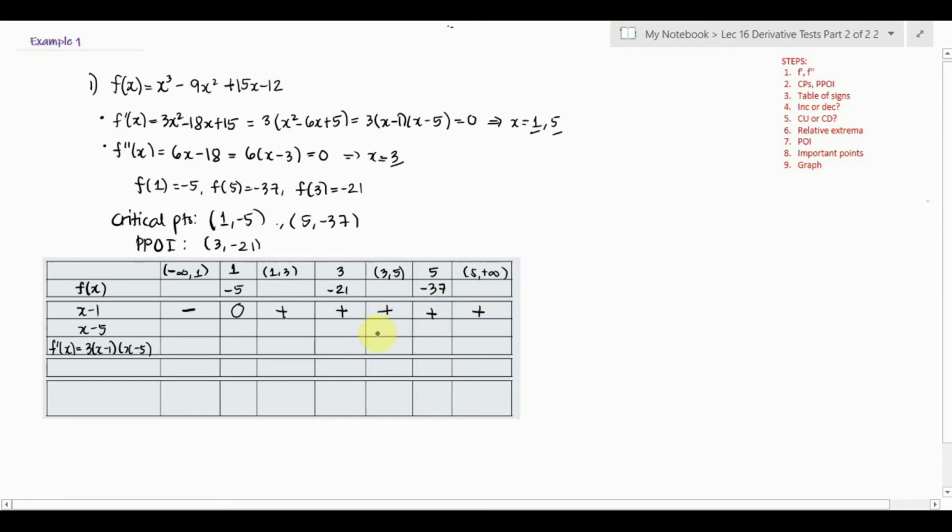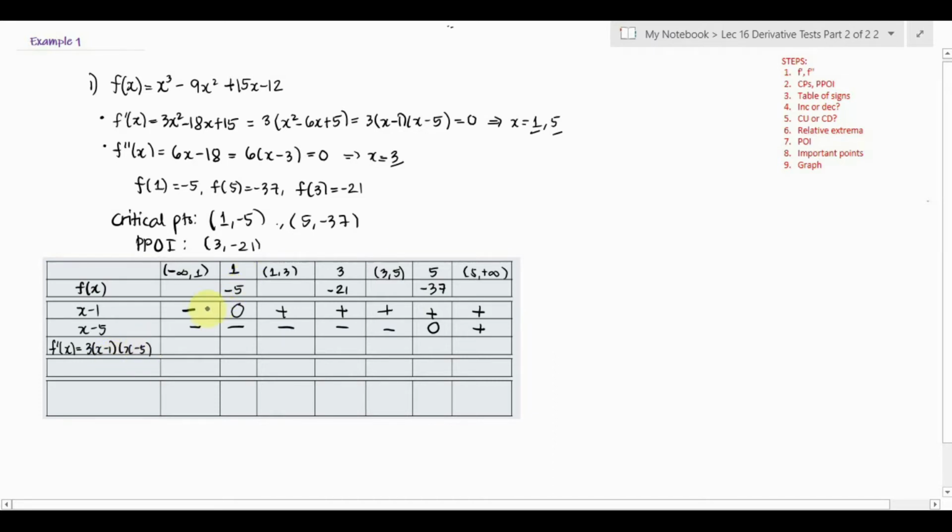Okay? How about for x minus 5? Linear. Ang 0 niya ay 5. Moreover, ang leading coefficient ay positive. So, lahat ng nasa left ng 0 ay negative. At lahat ng nasa right ay positive. Okay? Again, 3 is a positive constant. The sign of f prime will wholly depend on the sign of the product of this one.